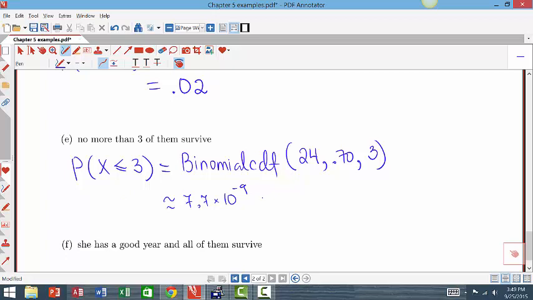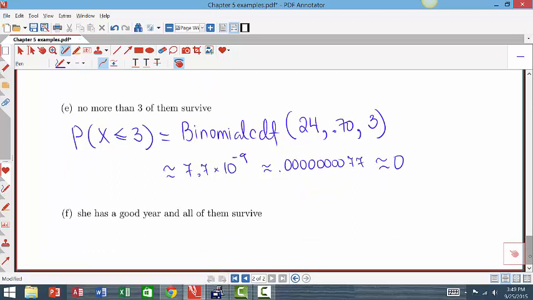So this is approximately 0.0000 and all these zeros, then 77. Let's go ahead and call it a 0. Basically saying it's very unlikely that only 3 or fewer plants will survive. So your intuition was right when you thought, okay, this is unlikely to happen. The probability of this event should be very small.